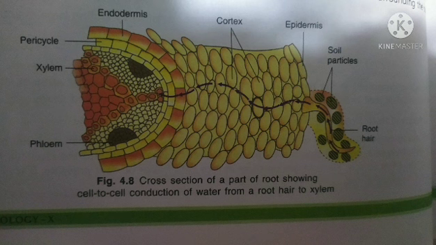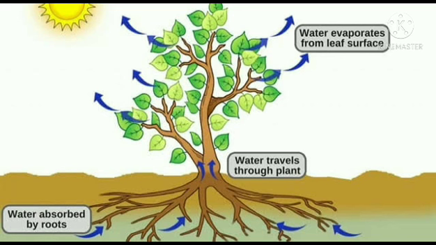Next is the pericycle, after that to the xylem. So this is how a channel is formed for the water absorption from the root hair towards xylem, and thus xylem helps in the transport of water from the root towards the upper aerial parts of the plant.